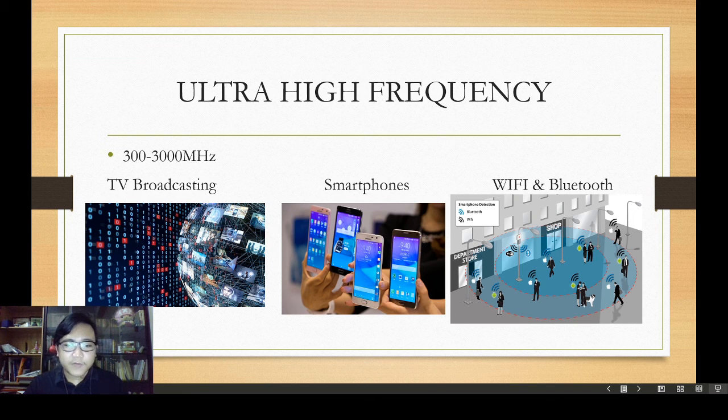The frequency range is about 300 to 3000 megahertz. This frequency can be blocked by hills, although the transmission through building walls is strong enough for interception. So they are used in television broadcasting, smartphones, satellite communication, including GPS, personal radio services, Wi-Fi and Bluetooth, and more.